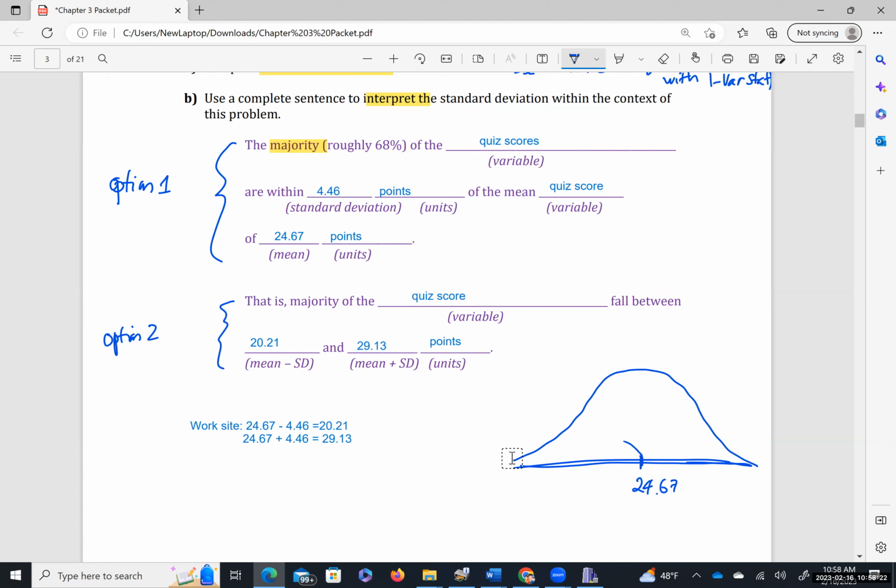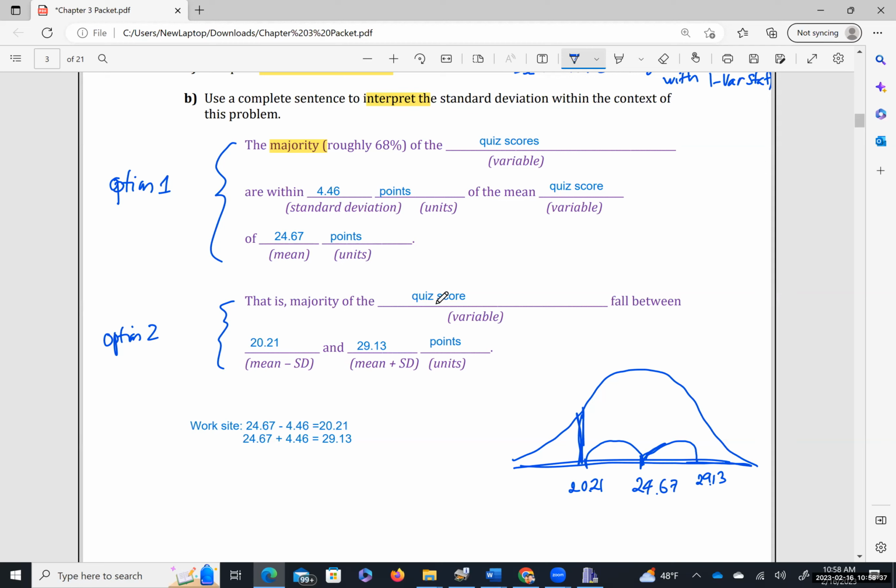If you subtract one standard deviation, you get 20.21, and adding one standard deviation, you get 29.13 here. So the area under the curve between 20.21 and 29.13 will be the majority of the quiz scores, which covers around 68% of all the data.